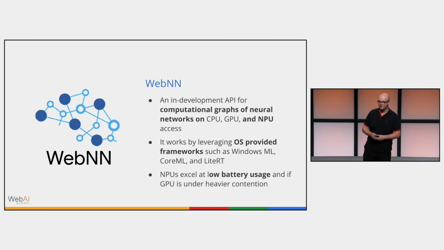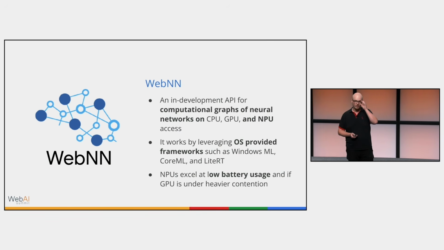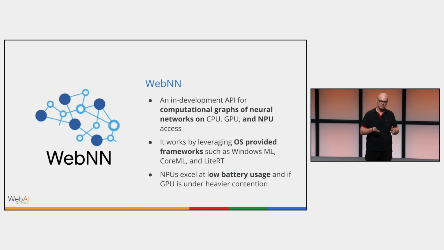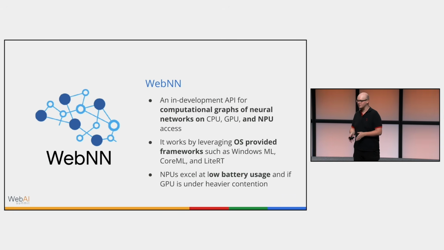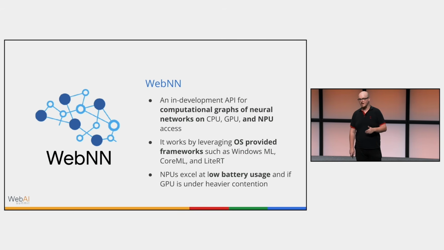WebNN is the last one that you've also been hearing a lot about today. I want to underline that WebNN is still a very early stage API. WebAssembly has been shipping across browsers for many years. WebGPU is now shipping across all browsers. WebNN is something we're hoping to do an origin trial, kind of like a beta trial, around in Q4 of this year and going into Q1 of next year. But the interesting thing about WebNN is that it actually offers access to the CPU, the GPU, and the NPU.